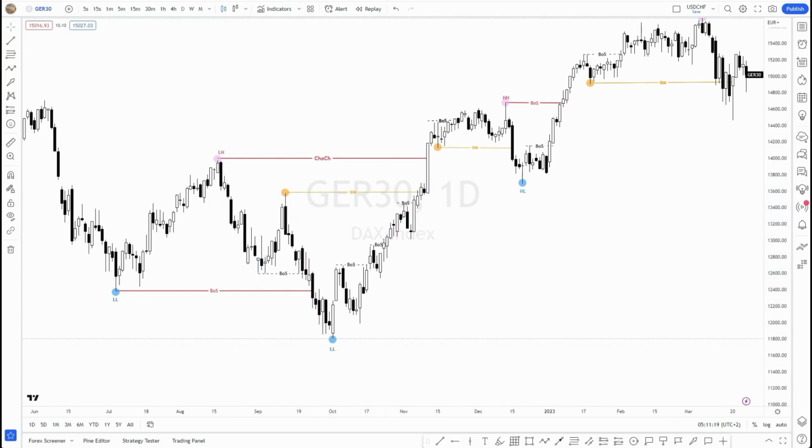Now, you might wonder why I didn't choose this as the inducement. It's because there was no structure break to the downside from this low in the minor structure. The last break to the downside with the candle body was this. That's why we consider this high as our inducement.